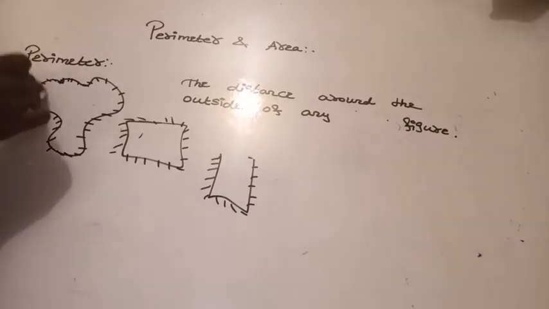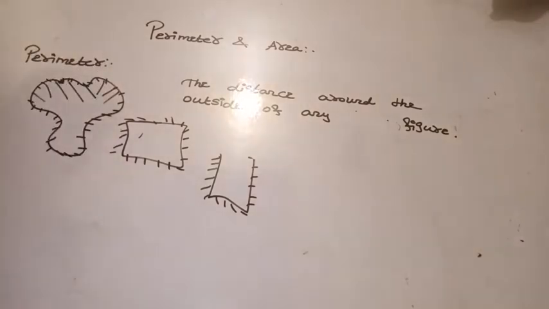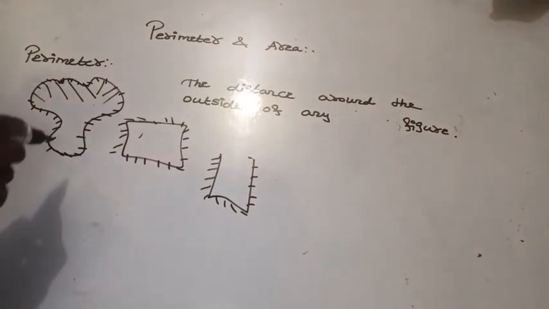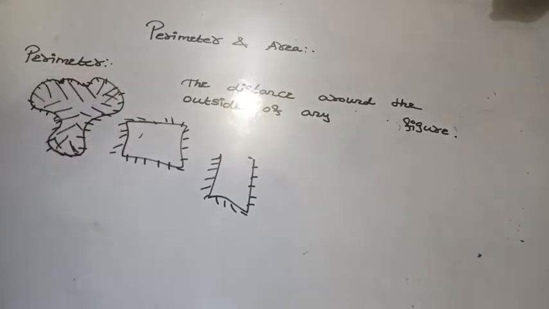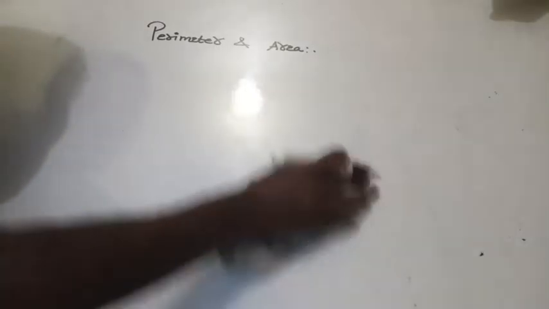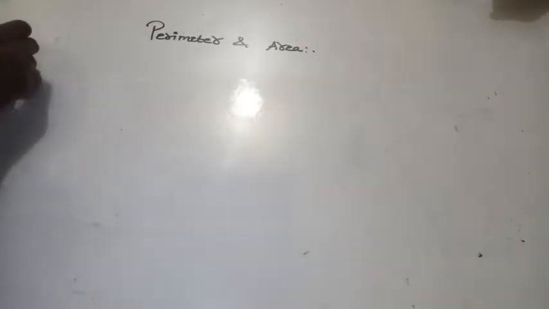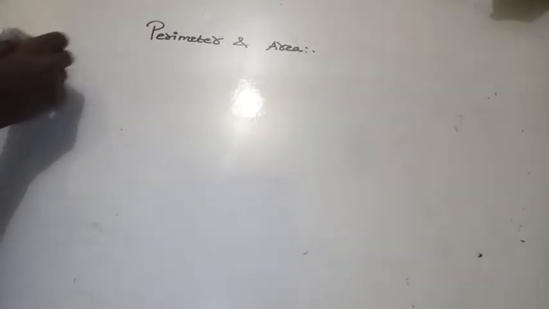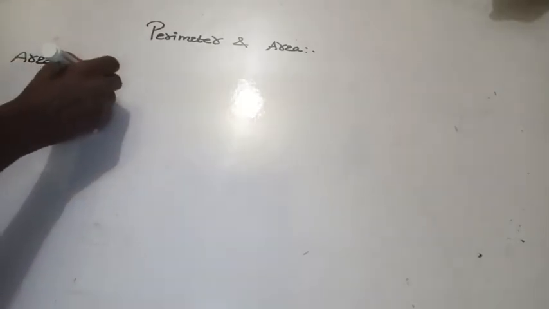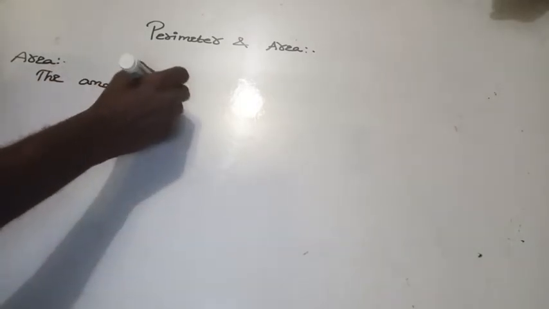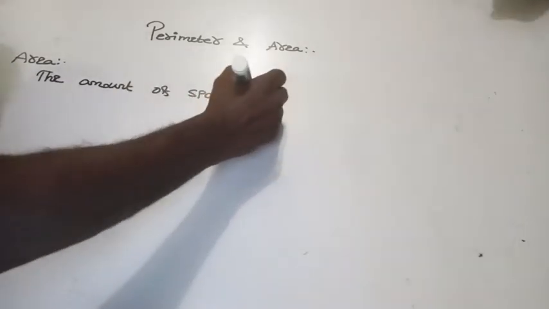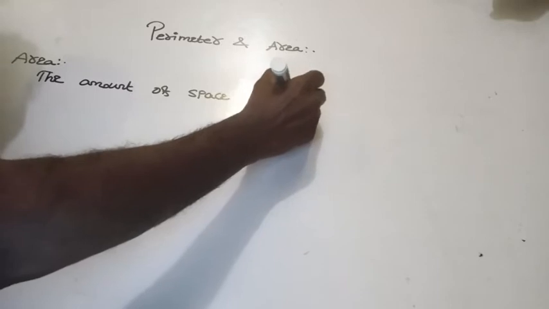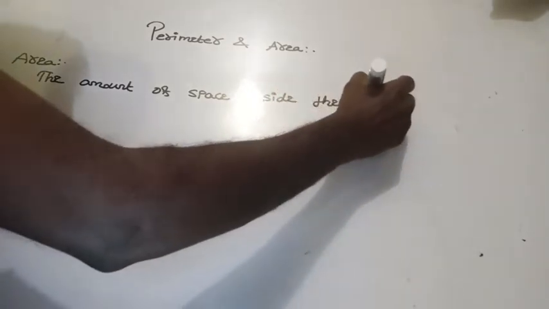The amount of space occupied inside the boundary of a shape. Area is nothing but the amount of space inside the boundary.